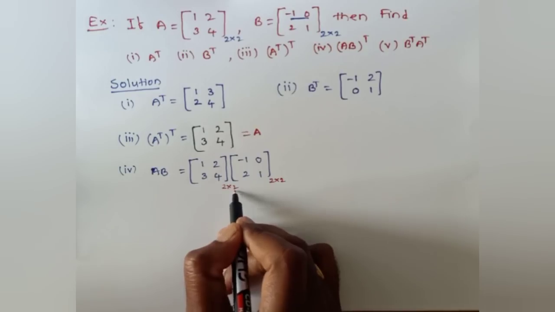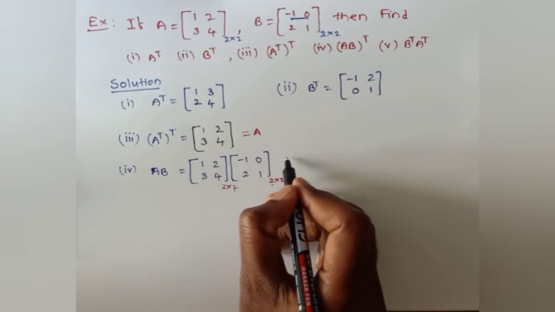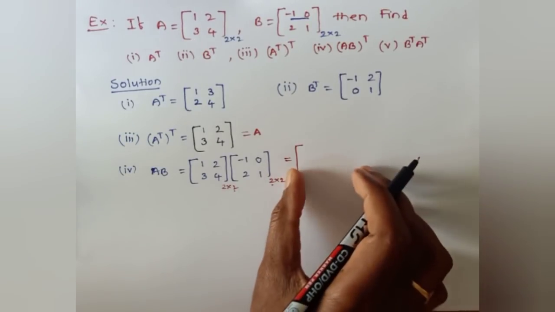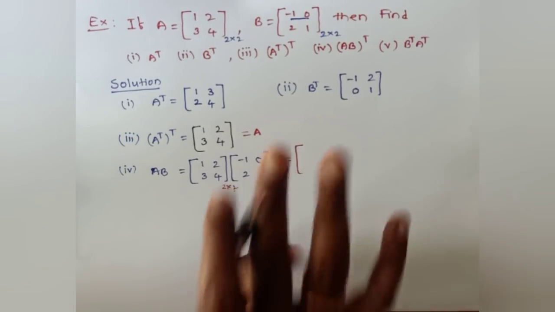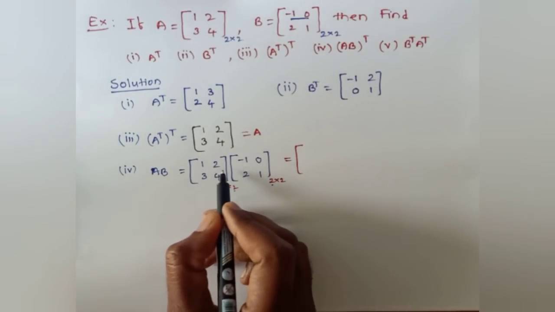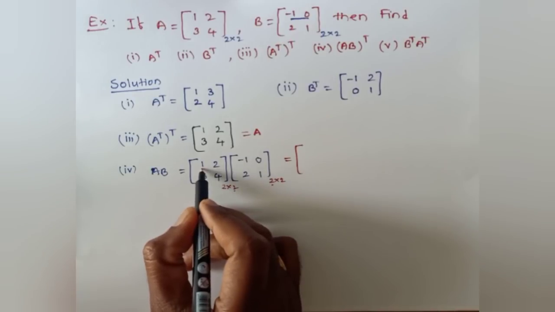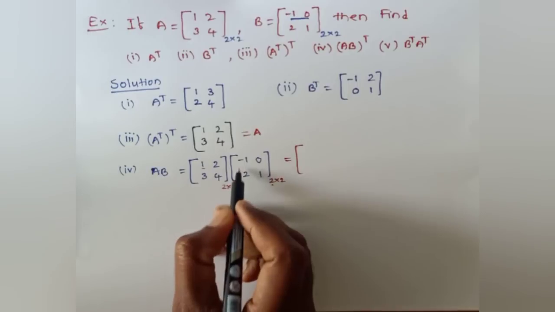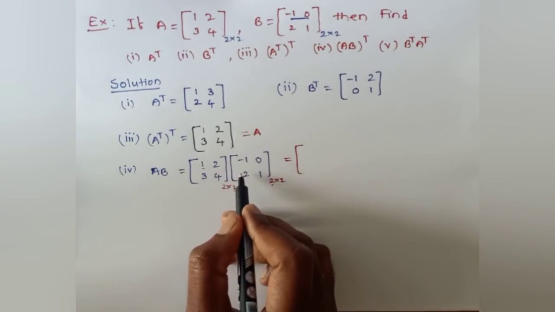And so the number of columns is the same as the number of rows also. Okay, then this is equal to, now again the resultant matrix contains 4 elements only, or it is of 2 by 2 order. So to get those elements, we need to multiply the corresponding row elements with the corresponding column elements of the second matrix.